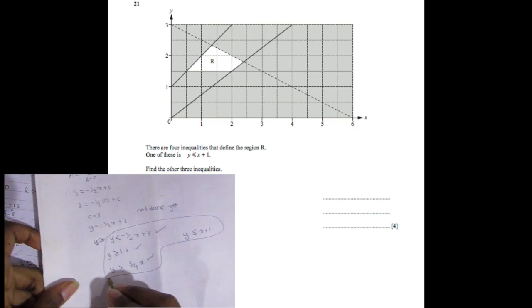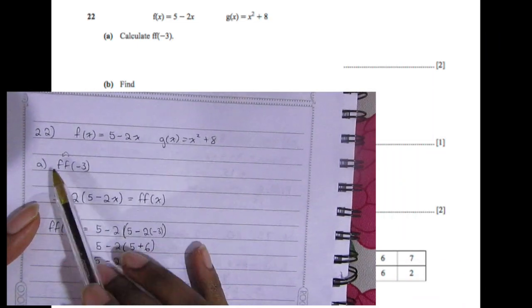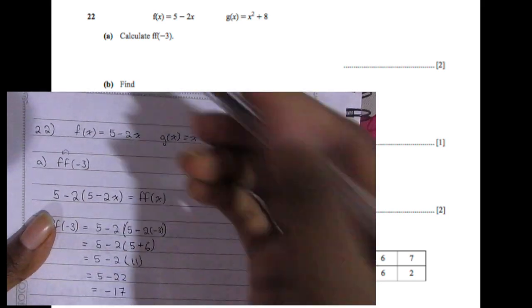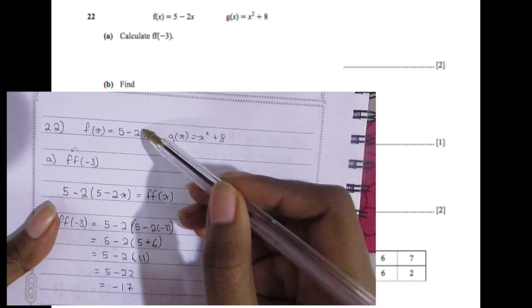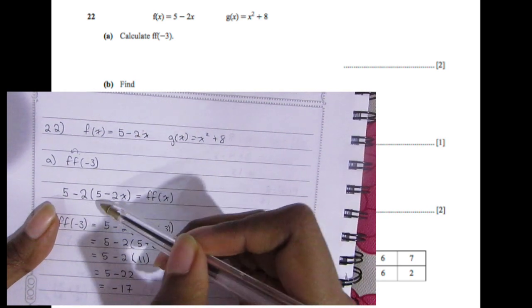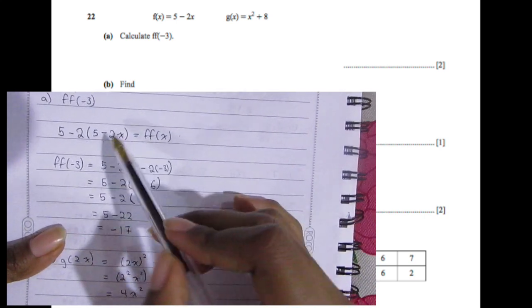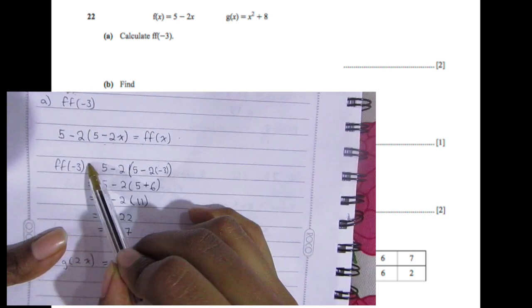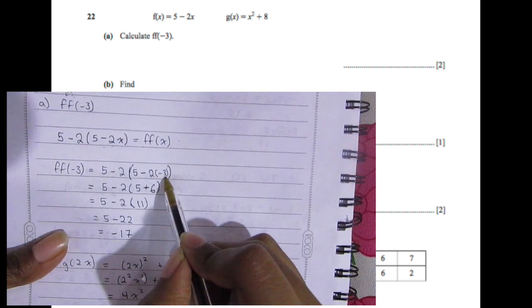So now question 22. You have these two functions. They said f of f is negative 3, so you're going to put f into f. So 5 minus 2, here's an x. Where there's an x, you'll put this, 5 minus 2x. This is for f of x. Now we're just going to put, instead of x, negative 3. So 5 minus 2 times negative 3.